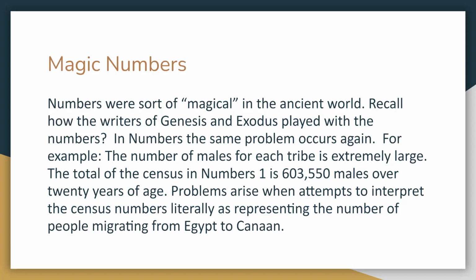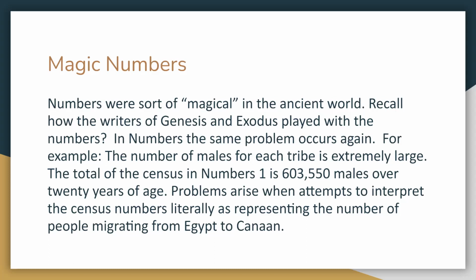For example, the number of males for each tribe is extremely large. Remember, we are counting those who are of an age for military duty. The total of the census in the book of Numbers, chapter 1, is 603,550 males over 20 years of age.